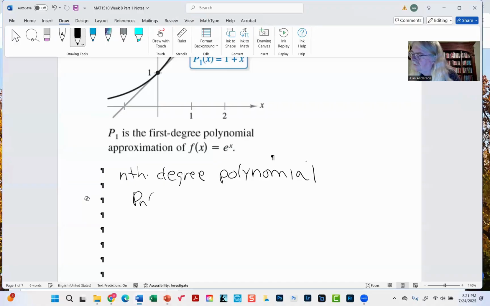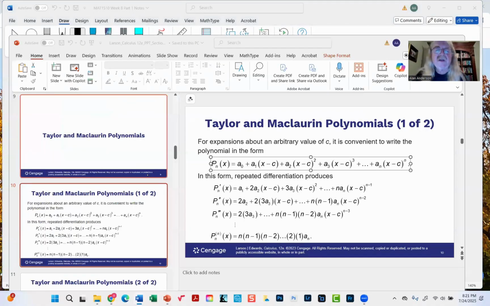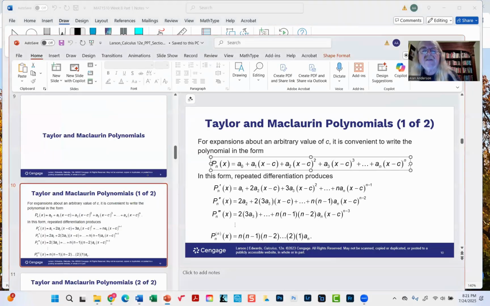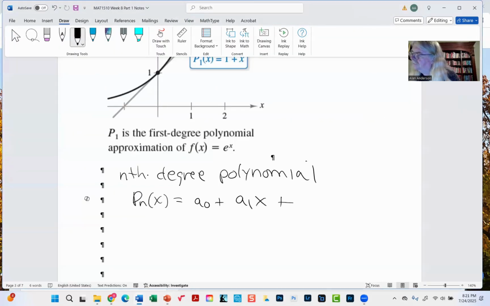Pn of x would be, first we'd have a constant, which we'll call a0, a1x, then we would have a2x squared, and we'd have all the way up to n, whatever n is.